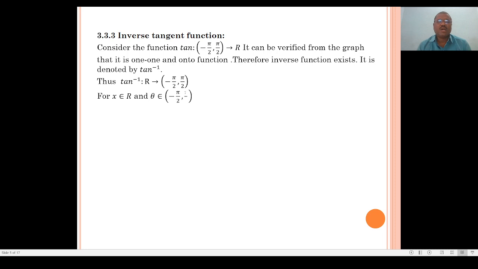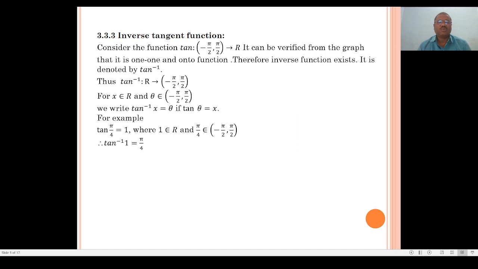For x belongs to R and theta belongs to the interval minus pi by 2 to pi by 2, we write tan inverse x equals theta if tan theta equals x. For example, tan pi by 4 equals 1, where 1 belongs to R and pi by 4 belongs to minus pi by 2 to pi by 2.